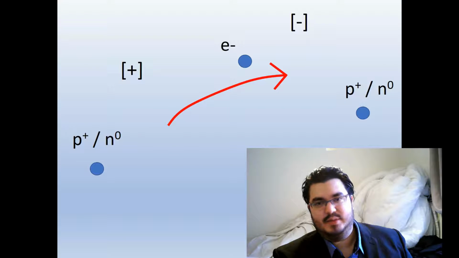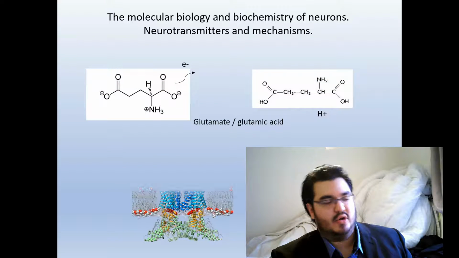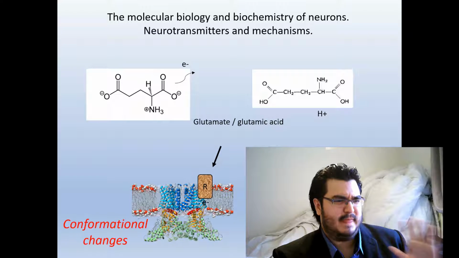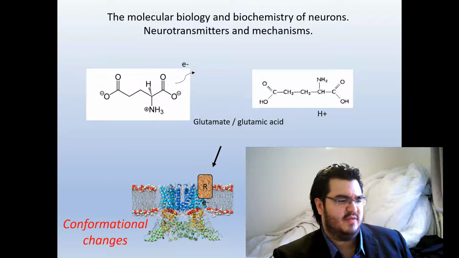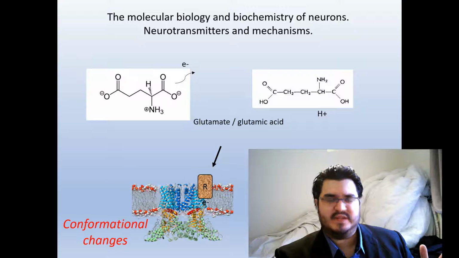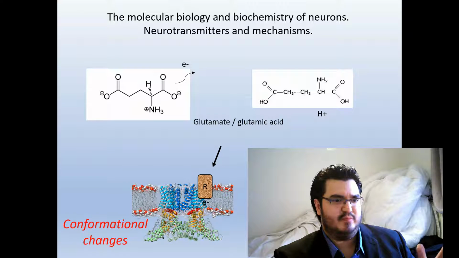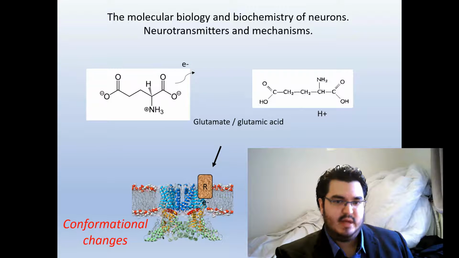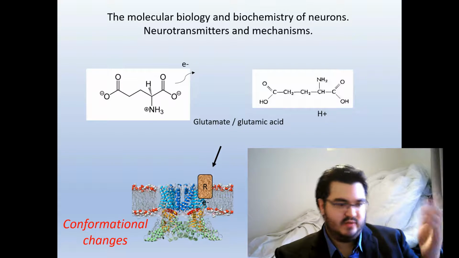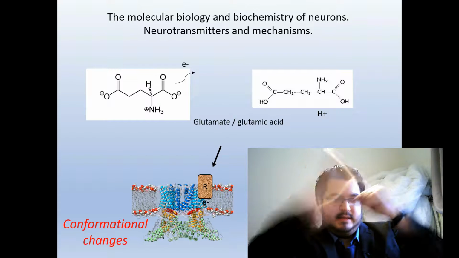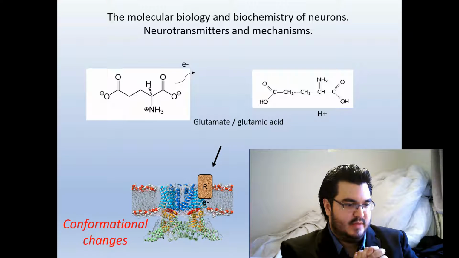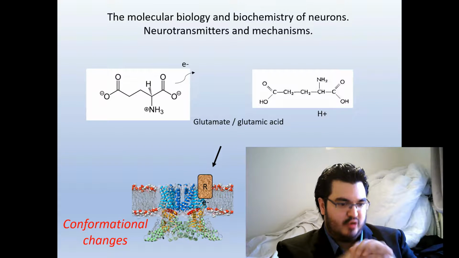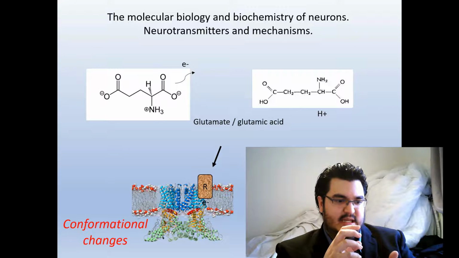It's obviously a bit more complicated, but as I said, I don't want to go in too much depth with this. All you need to know for this video is we have molecules, and in that case, glutamate binds to a receptor, and we have a structural change in the receptor molecule.